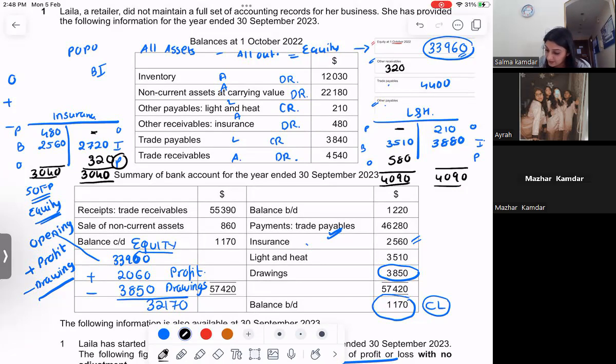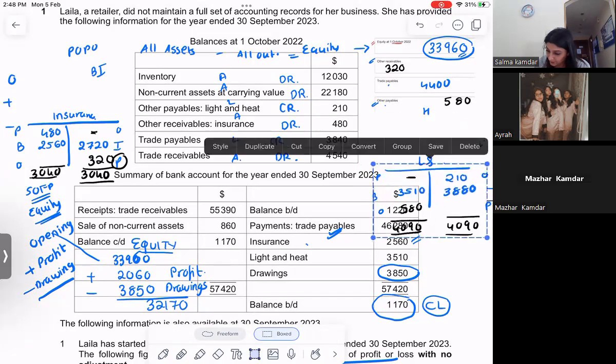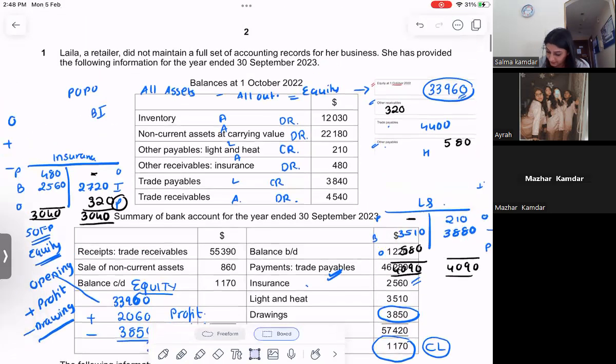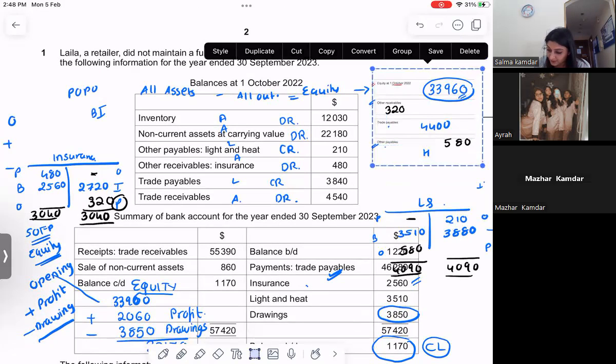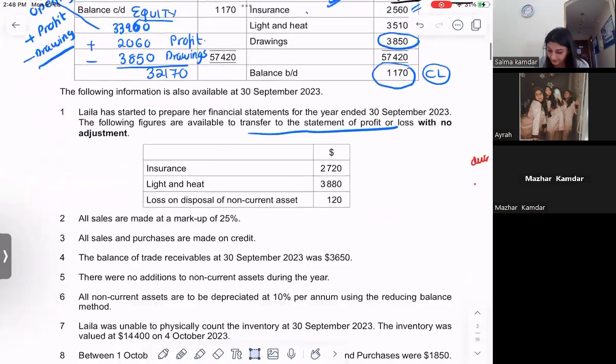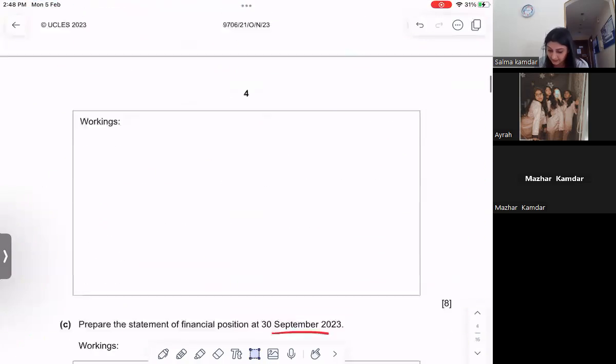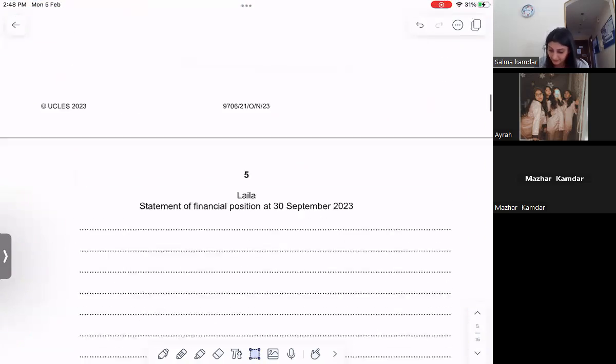Other receivables or other payables? Other payables. With this, whatever they asked me to find out, I found out.